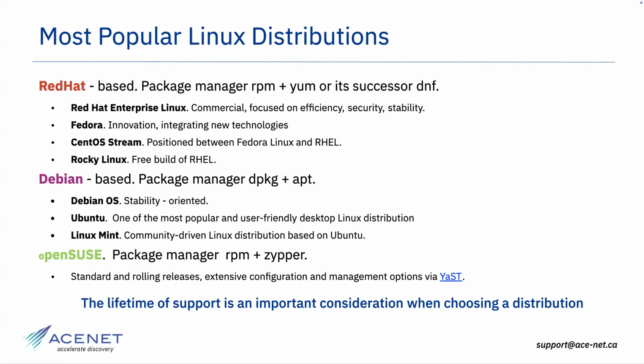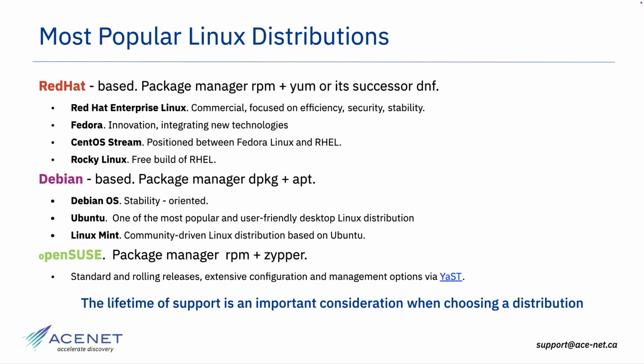The lifetime of support is an important consideration when you choose a distribution. It's possible to try out the latest technologies and software with cutting-edge distributions like Fedora, but the support time for such cutting-edge distributions is usually short.